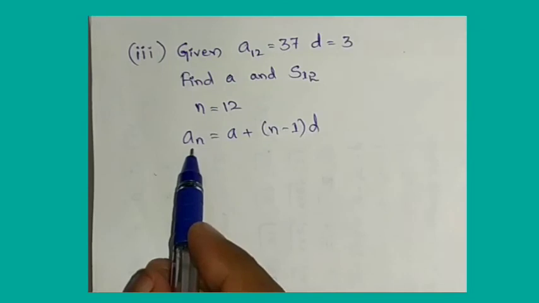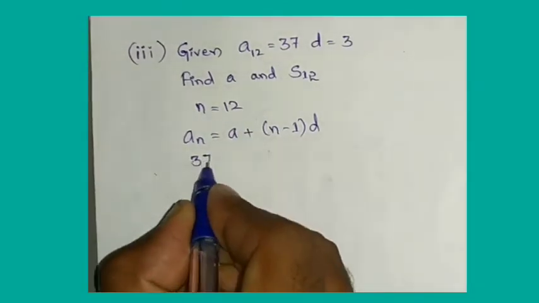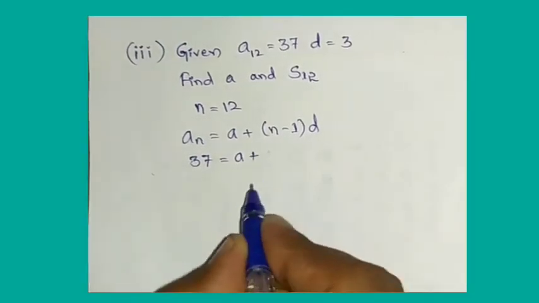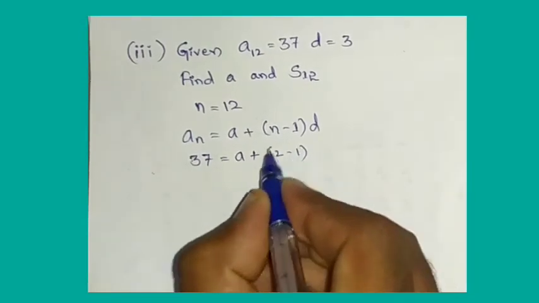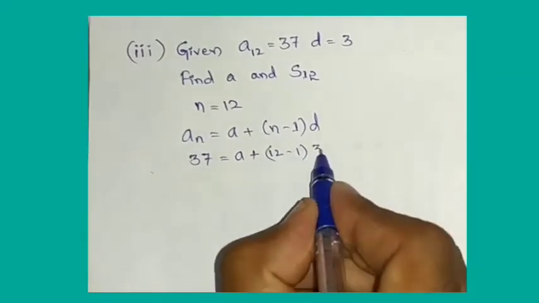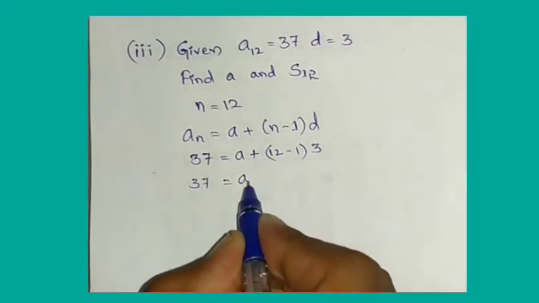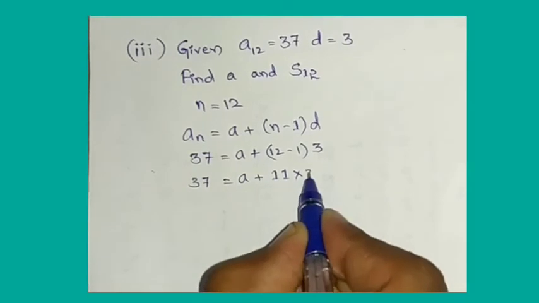Substitute a12, that is 37 equal to, we don't know a, we have to find that one only. So n means 12, that is 12 minus 1 into d, d is 3. So it will be 37 equal to a plus 12 minus 1, that is 11, 11 into 3.